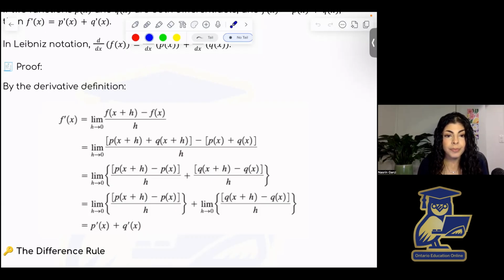Now, if we remember limit laws, because this is a sum, I can take the limit of each of these individually, and this by itself, in definition, is the derivative of p, so p prime of x, and this by definition is the derivative of q, and q prime of x.